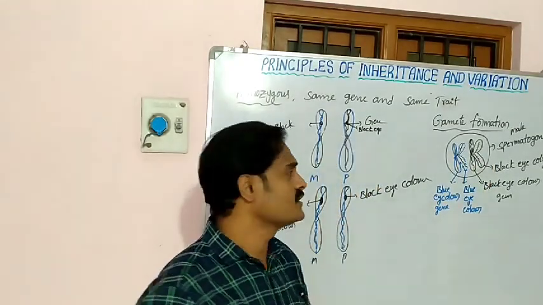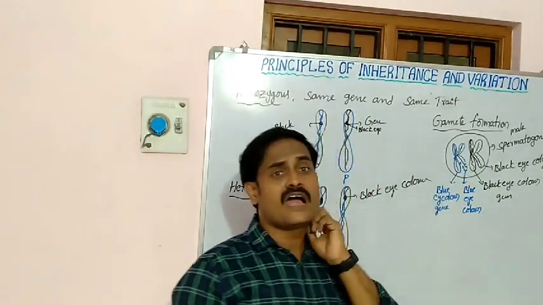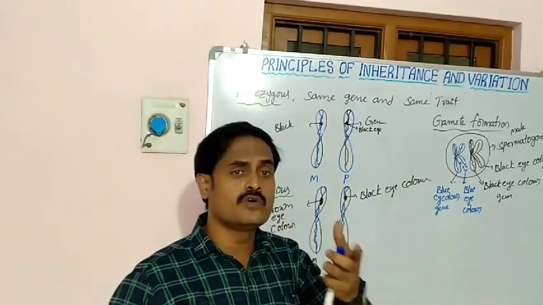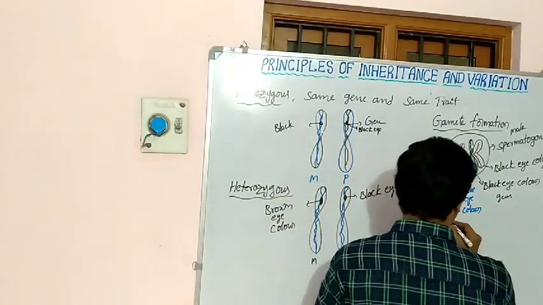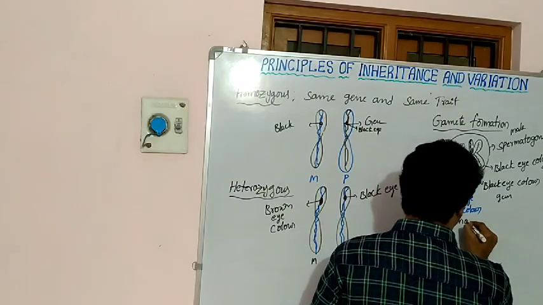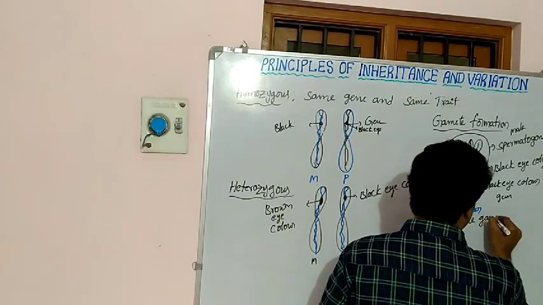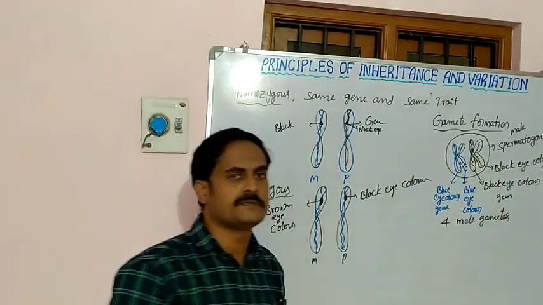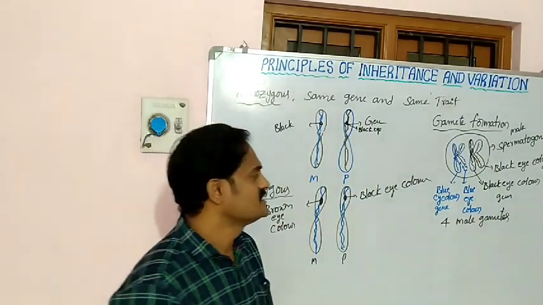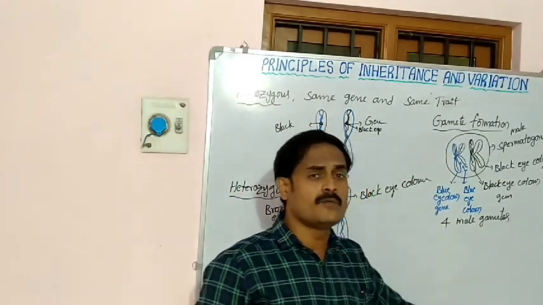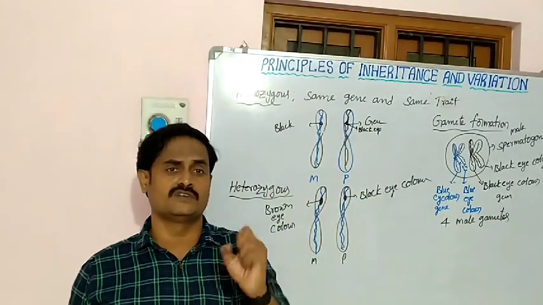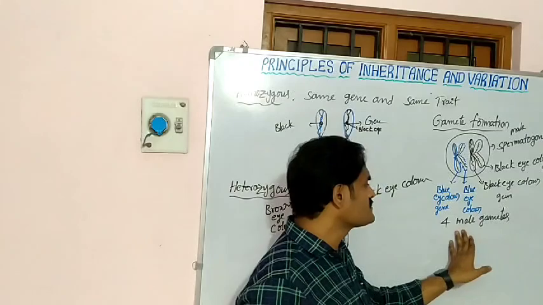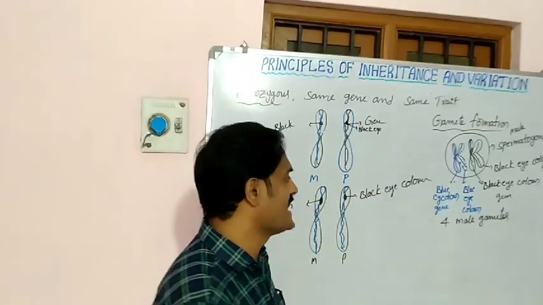Once the spermatogonia start to divide, they form 4 sperm cells or 4 male gametes. Why 4 male gametes? Because they participate in the meiosis process. At the end of meiosis, how many daughter cells form? 4 daughter cells, which form the 4 male gametes.